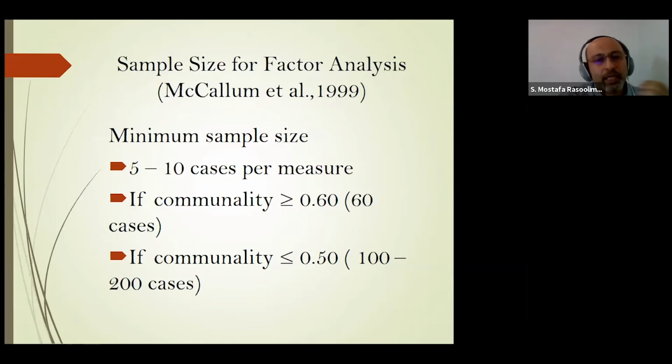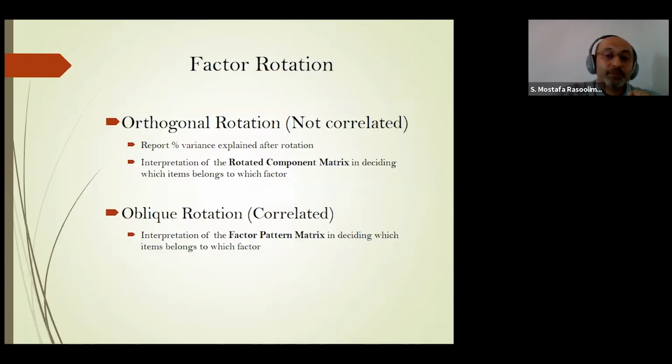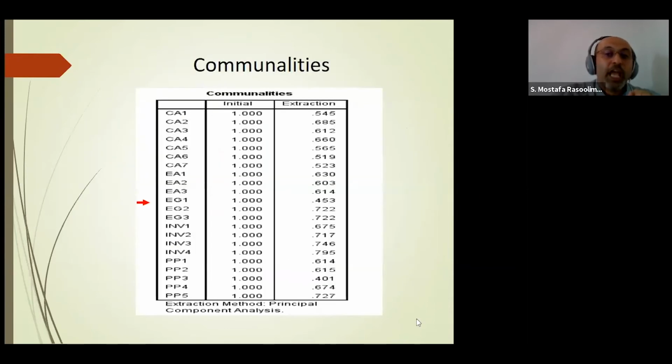Another rule of thumb from literature is based on communality. Communality is the correlation between items and the extracted factor. For example, item number 1 belongs to factor number 1.